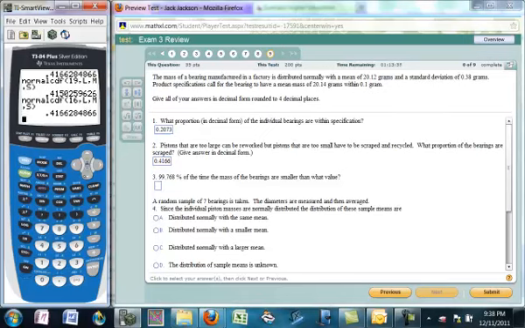Now this next one, in number 3, we're given a percentage this time that the mass of the bearings is smaller than the particular value we're looking for. So in other words, we're given a cumulative probability. Well, that's exactly what an inverse normal, inverse cumulative distribution, gives us.